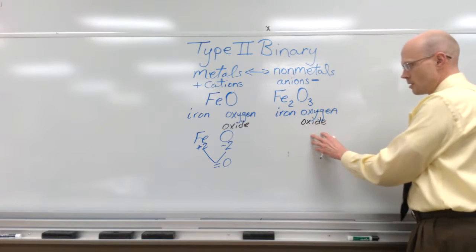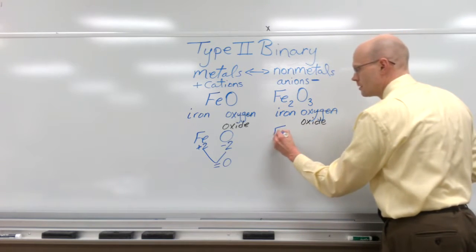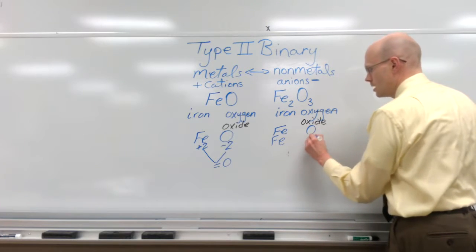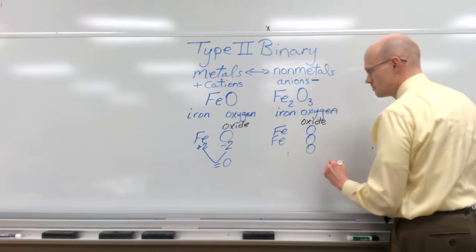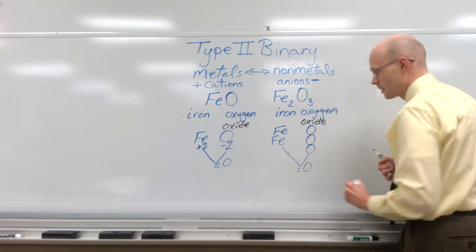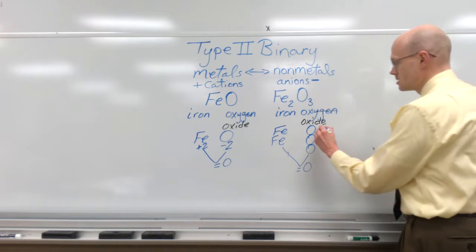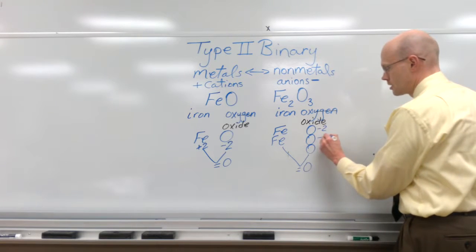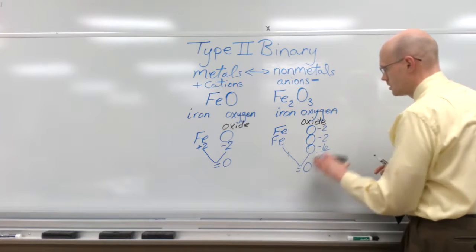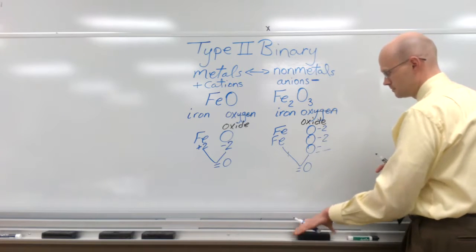On this compound, we have 2 of the Fe's and 3 of the oxides. Again, compounds are charge neutral. Each one of these oxides is carrying a -2 charge, so that's giving us a total of -6.